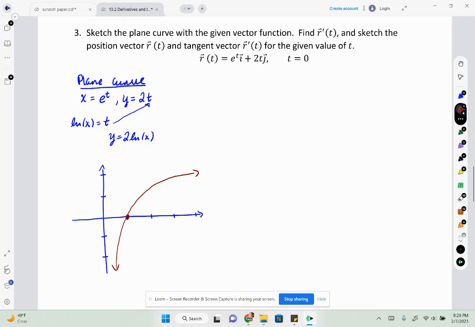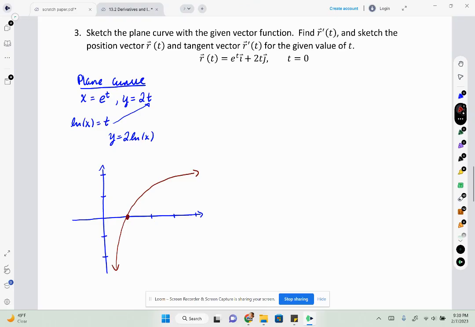Now let's see what's going on here. They're saying find r prime of t and sketch the position vector, r of t, and the tangent vector, r prime of t, for the given value of t. Okay, I have my plane curve.